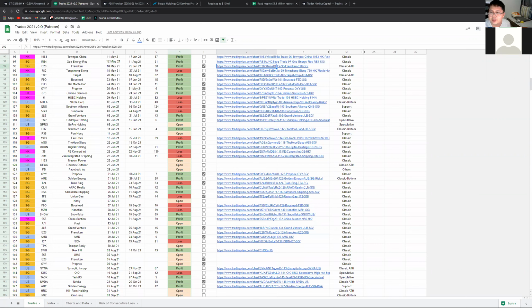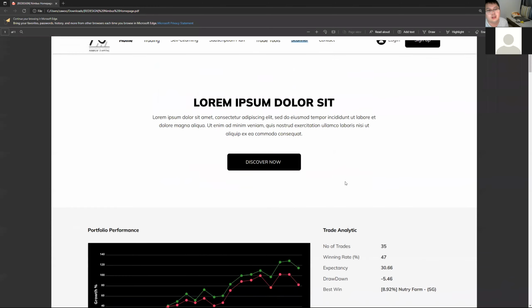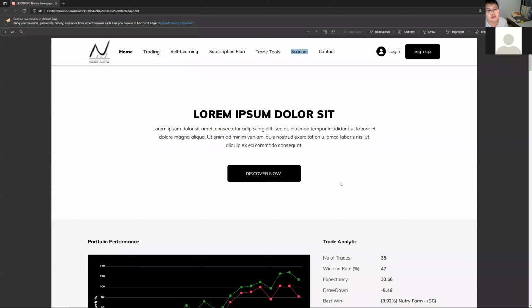Will you have a trading track sheet for your subscribers to record their trades? In the future, yes. My website will have, within the trade tool, a track sheet, and it doesn't only track your own data, it will also help you track with respect to Nimbus Capital data.